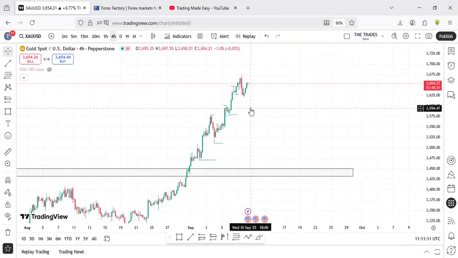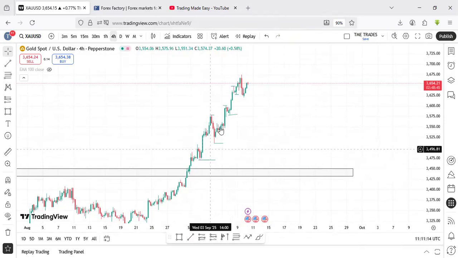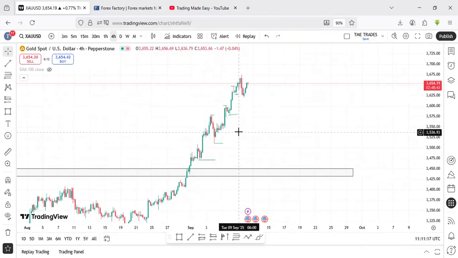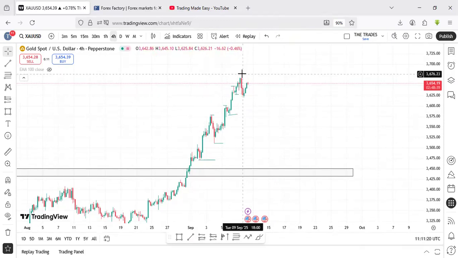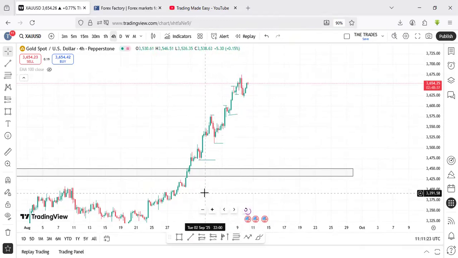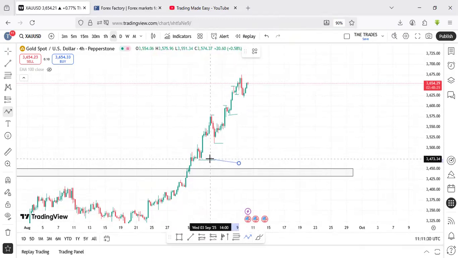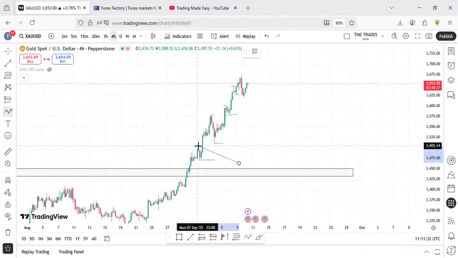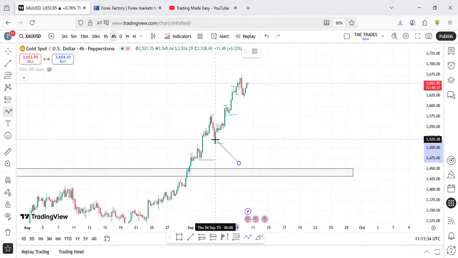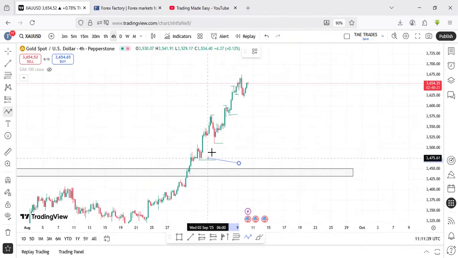When you look at this market, you will discover that whenever it creates a higher low, the low that pushed the market above the previous one, the market never went below it. For example, this low created this high, and even during retracement, the market didn't go below this low.